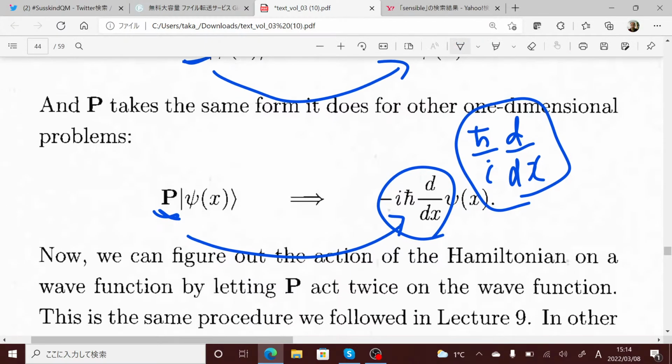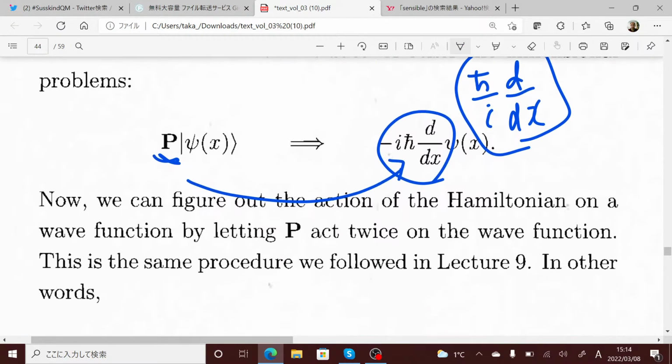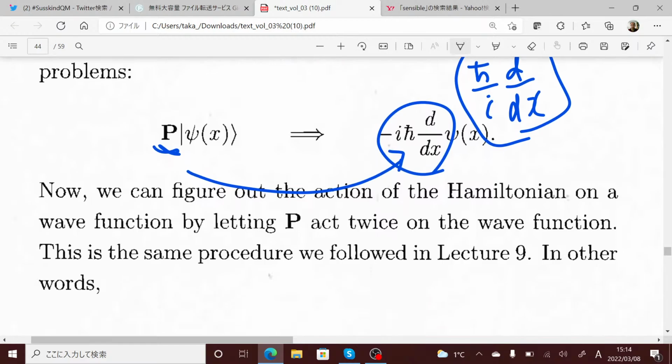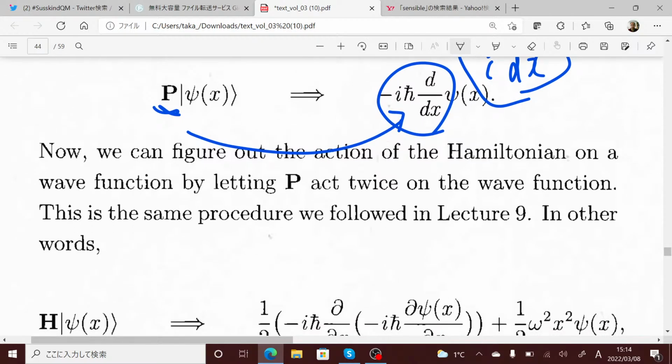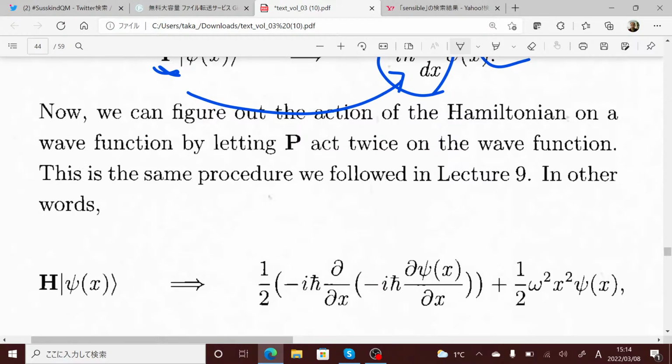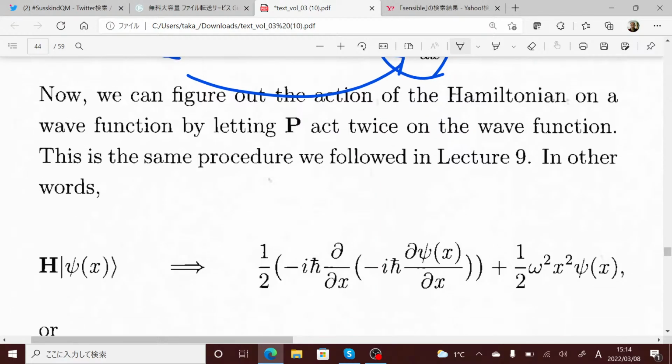So now we can figure out the action of the Hamiltonian on a wave function by letting p act twice on the wave function. This is the same procedure followed in lecture 9.